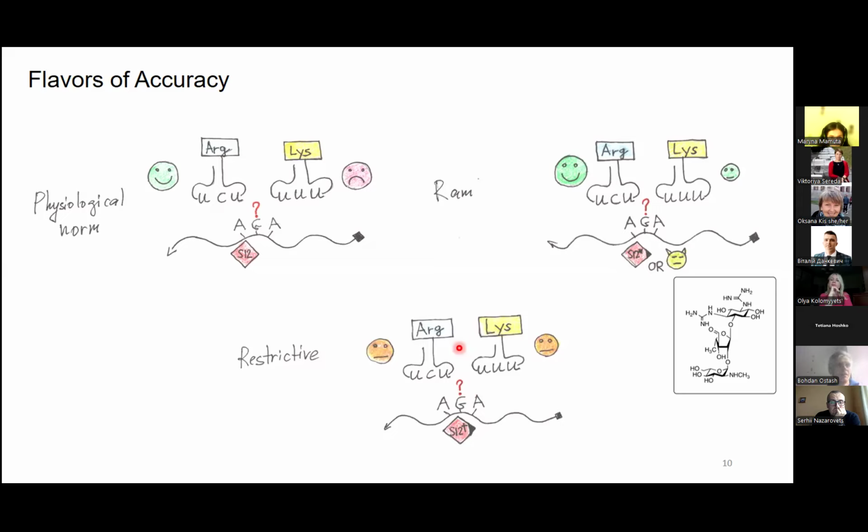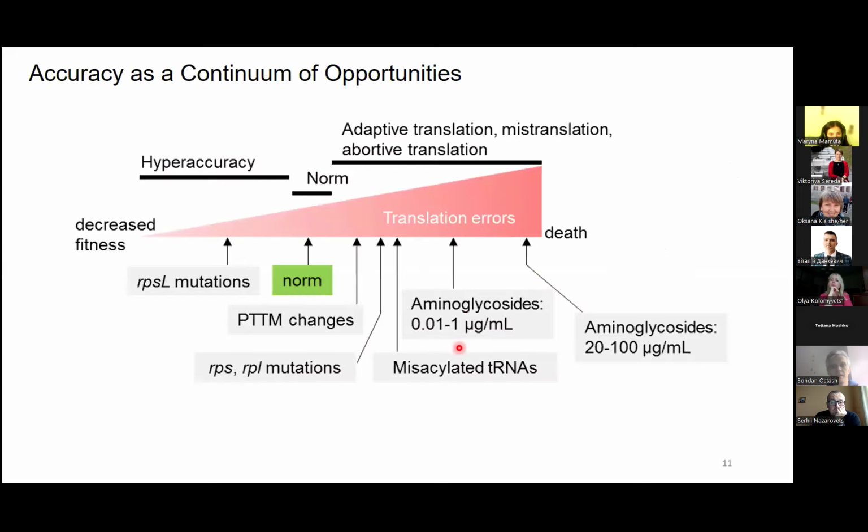This was very unorthodox at that moment, because no one thought that the ribosome could be more accurate than it is in nature. But now we know that the physiological level of accuracy is not a maximal one. So we have a certain level of accuracy of protein synthesis.